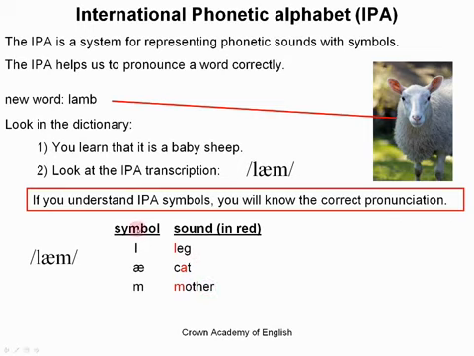So, if we know these symbols, we now know how to pronounce this word. We pronounce it lamb, lamb. So we know that we do not pronounce the last letter B. Okay, so with IPA, we now know that the letter B is silent, and we know how to correctly pronounce the word.